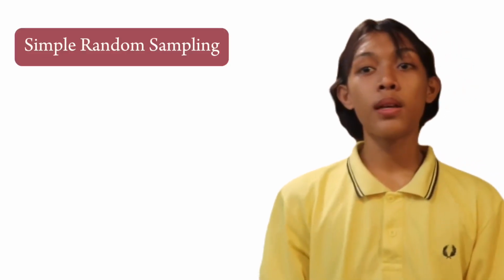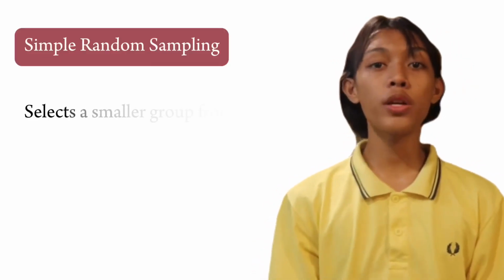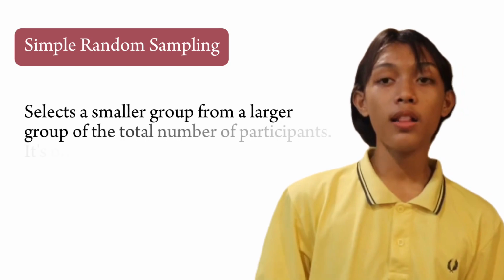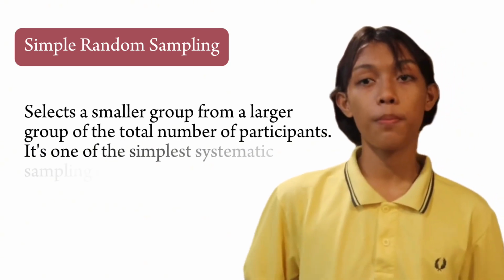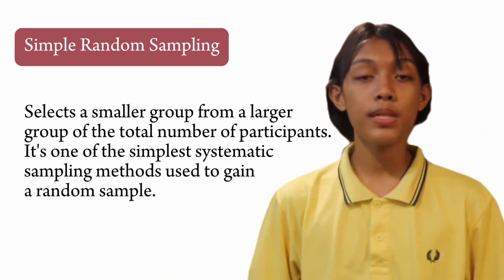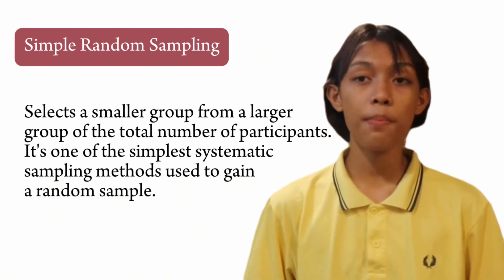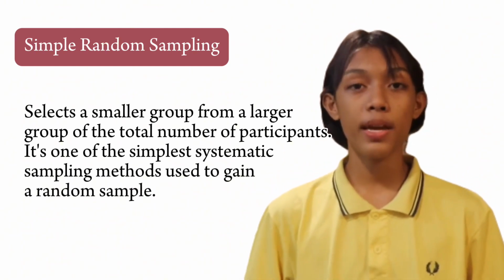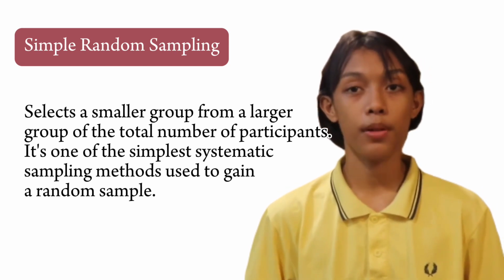So, we're going to start with simple random sampling. Simple random sampling selects a smaller group from a larger group of the total number of participants. It is one of the simplest systematic sampling methods to gain a random sample.